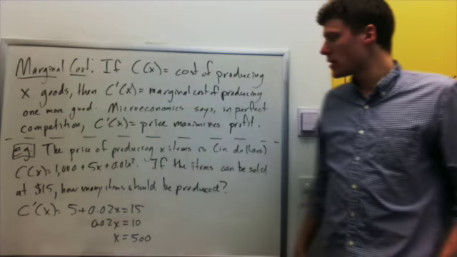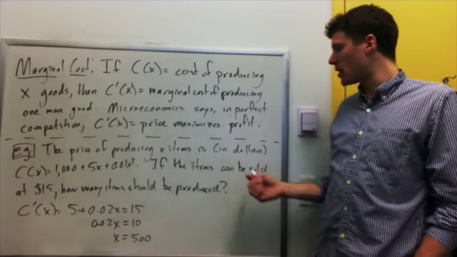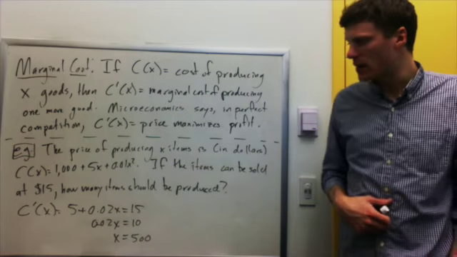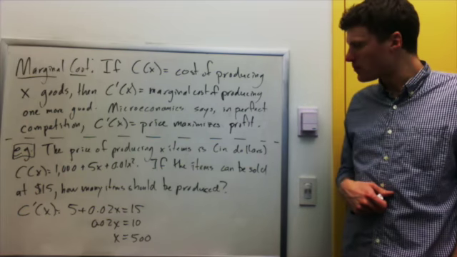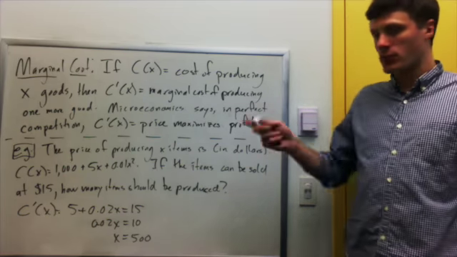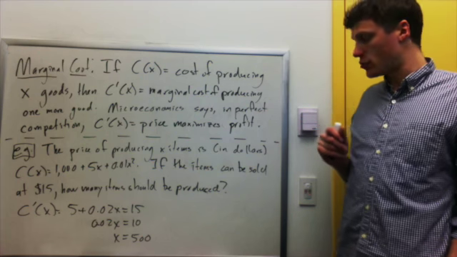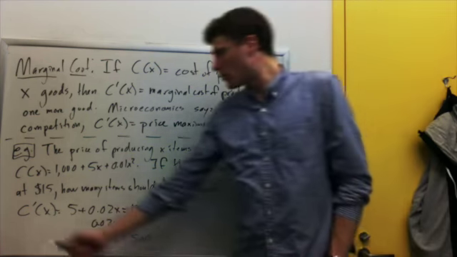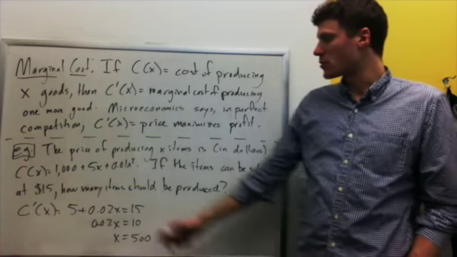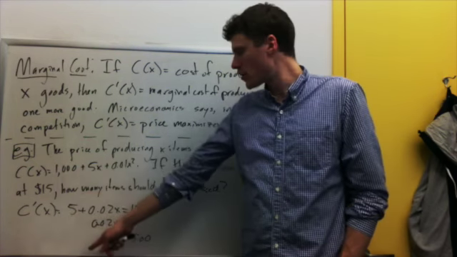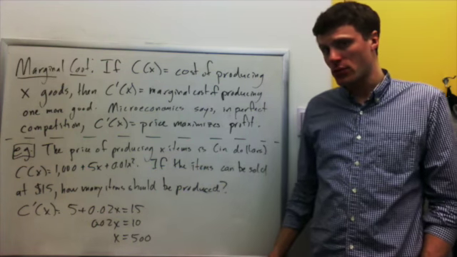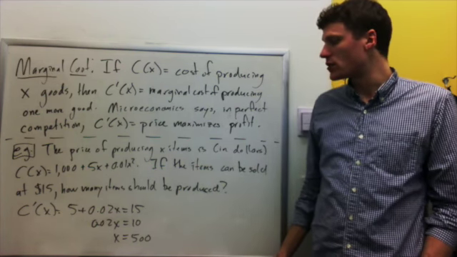So, the cost of producing x items in dollars is given by the function C of x is 1,000 plus 5x plus 0.01x squared. If the items can be sold for $15, how many items should be produced by a profit-maximizing company? Well, the marginal cost is, according to the derivative, the derivative of 1,000 is 0, the derivative of 5x is 5, and the derivative of 0.01x squared is 0.02x.